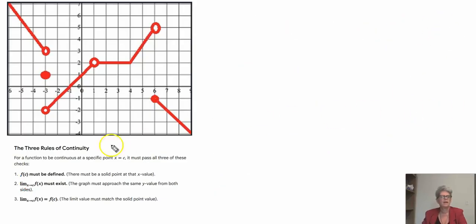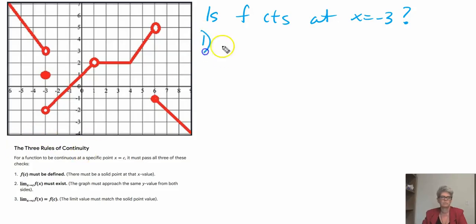Okay. Now, how about, is f continuous at x equals -3? And prove your answer by the 3 rules. Okay, so the first rule, what is f evaluated at -3? I look for the point whose x-coordinate is -3.